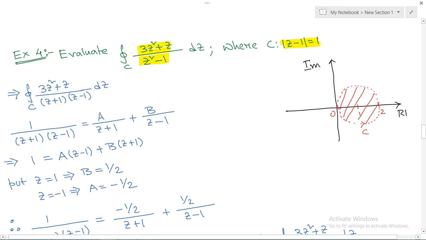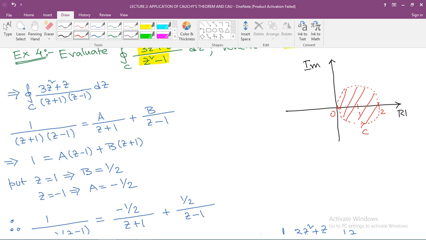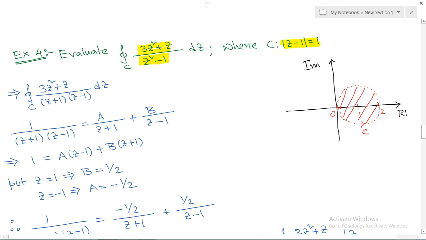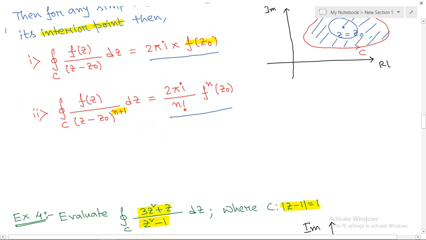Now we will come to the solution part. You can see the structure of (3z square plus z) by (z square minus 1) is not in the form of the above. What we have seen in the structure is f(z) divided by (z minus z0), one single factor, or the single factor to some power, n plus 1, that is square, cube, something like that.